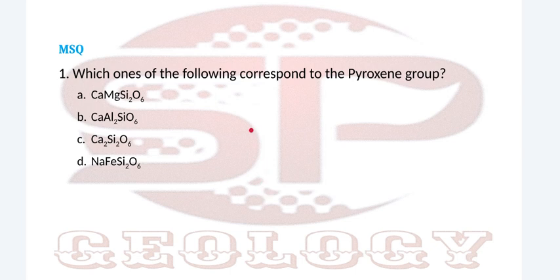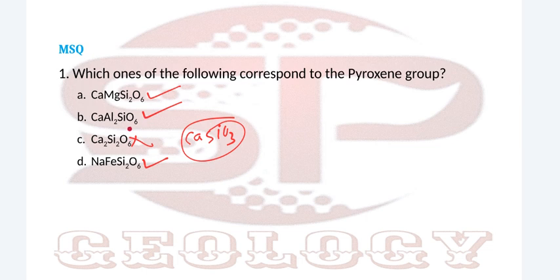Which of the following corresponds to a pyroxene group? Here CaMgSi2O6, diopside, belongs to pyroxene. Then NaFeSi2O6, aegirine, belongs to pyroxene. Then this Ca2Si2O6, it is CaSiO3, wollastonite, doesn't belong to pyroxene, it belongs to the pyroxenoid group.